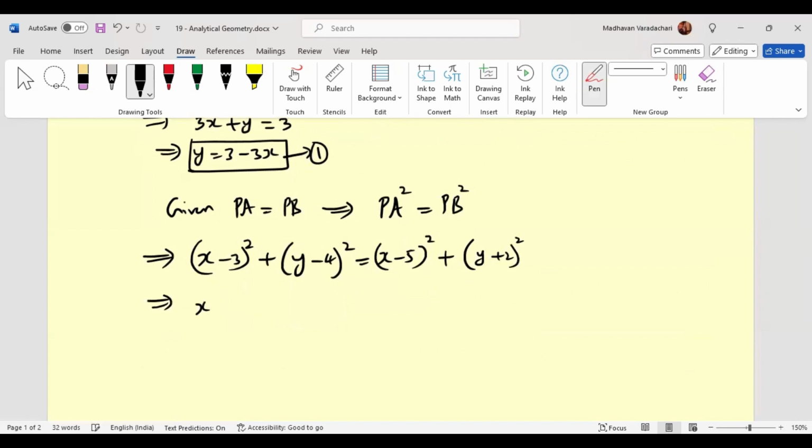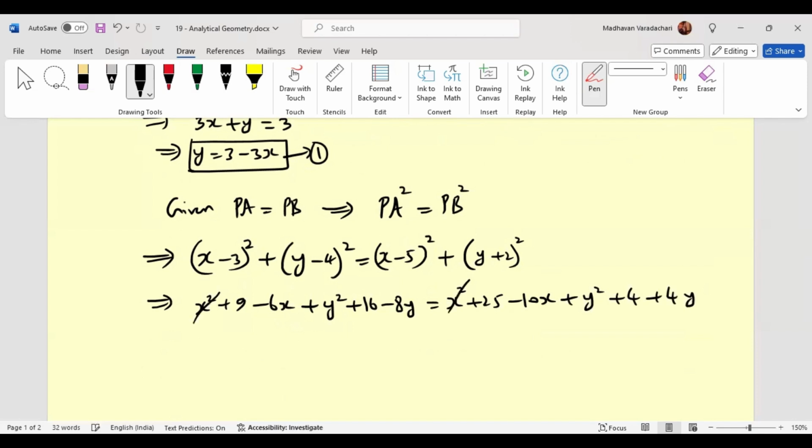This is x square plus 9 minus 6x plus y square plus 16 minus 8y is equal to x square plus 25 minus 10x plus y square plus 4 plus 4y.